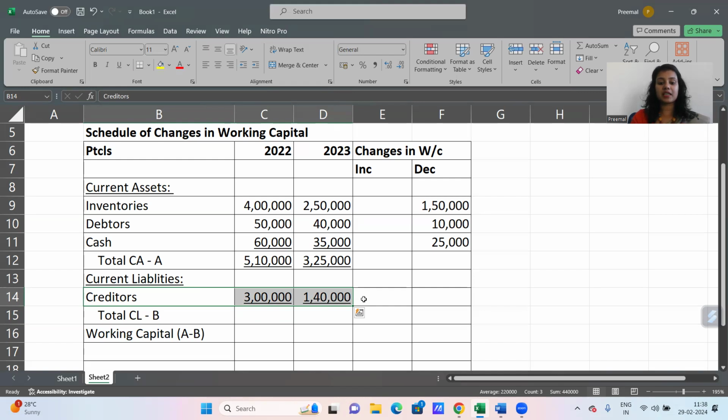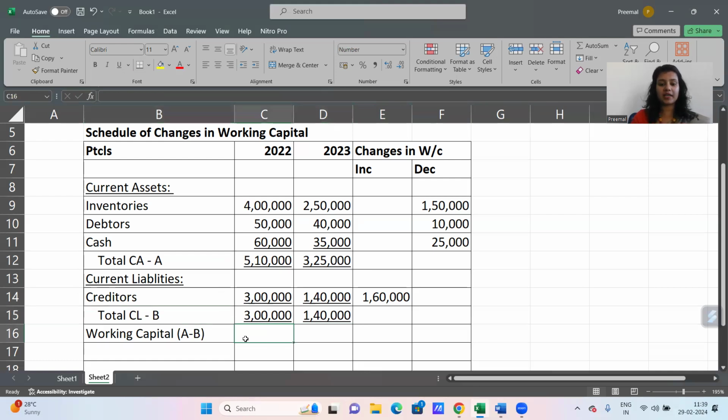So the decrease, to the extent of 1 lakh 60,000, will lead to an increase in working capital. Therefore, it will be mentioned under the increase in working capital column, 1 lakh 60,000. So with both our current assets and current liabilities considered, we can then find out the total current assets and total current liabilities, which will help us in solving our problem further.